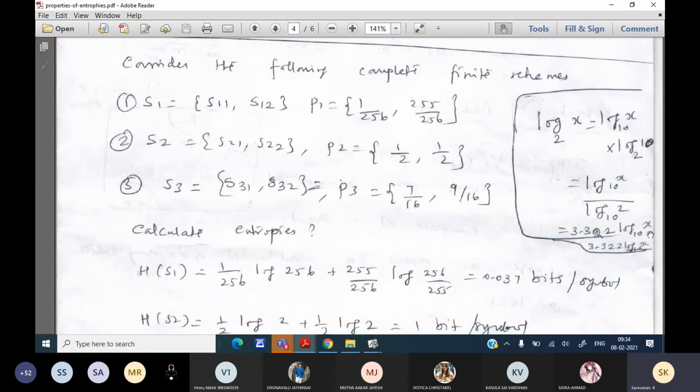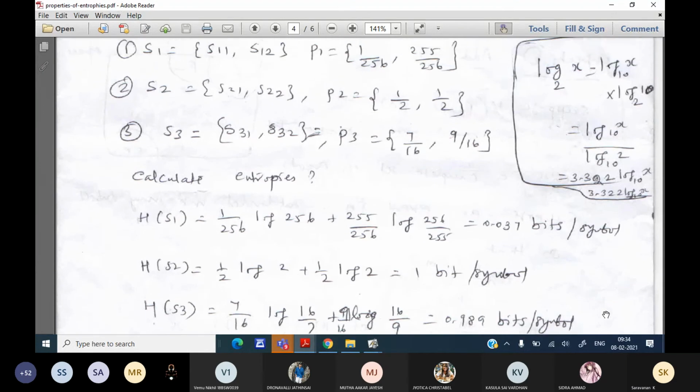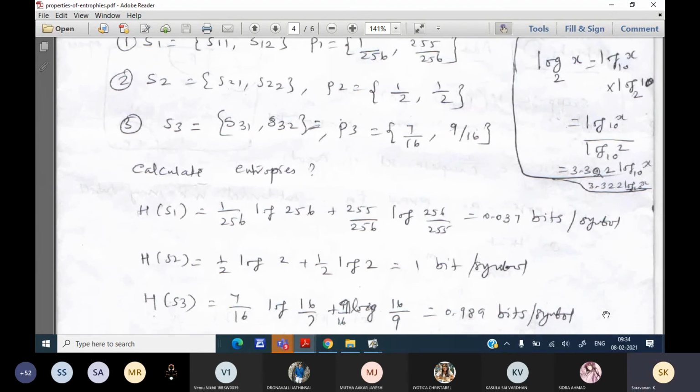So try to use your scientific calculator to get these three values.